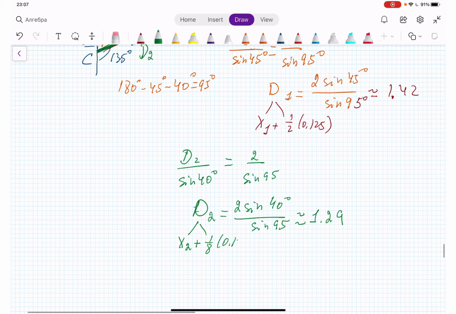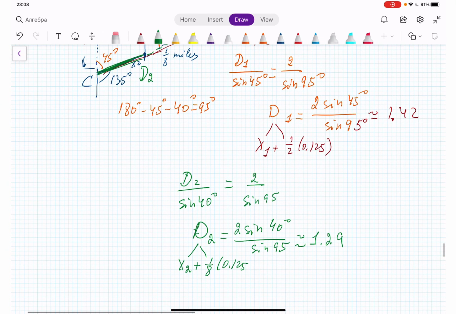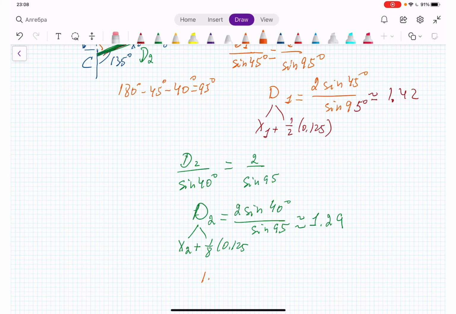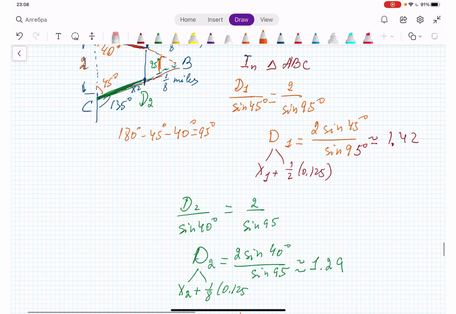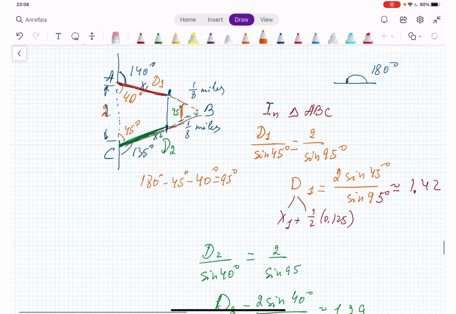which is 0.125. So instead of the whole side of this triangle, I want to get only this side and only this piece. So what am I going to do for that? I'm going to take 1.29 plus 1.42 for D1, and then subtract this piece and this piece.